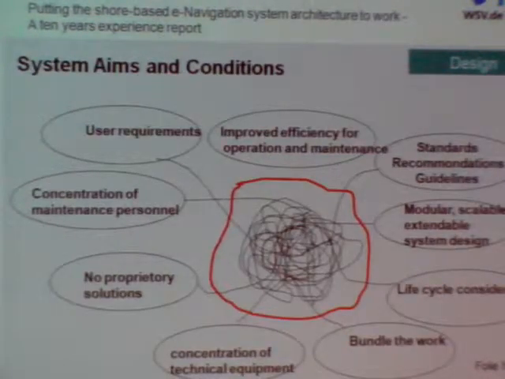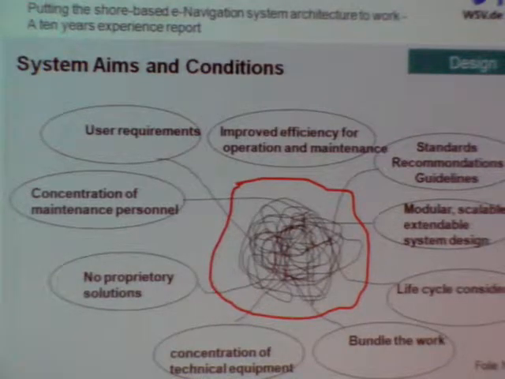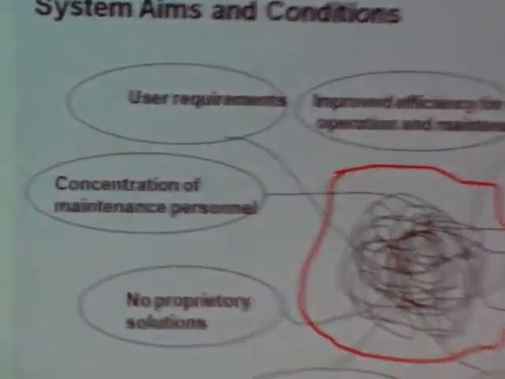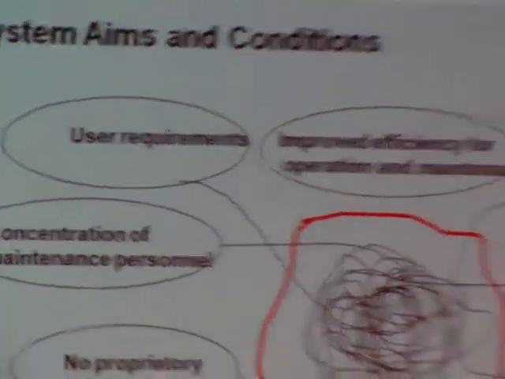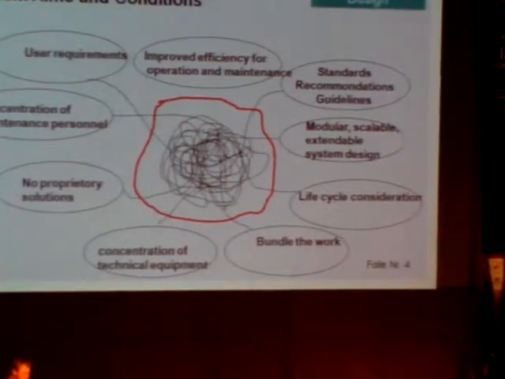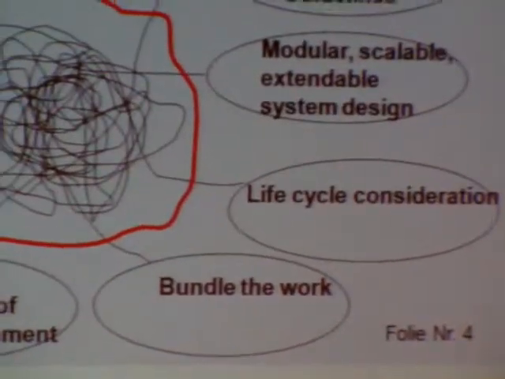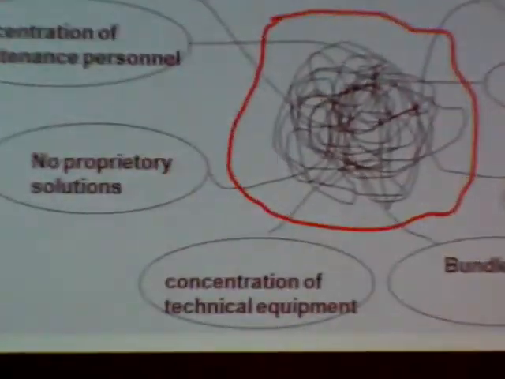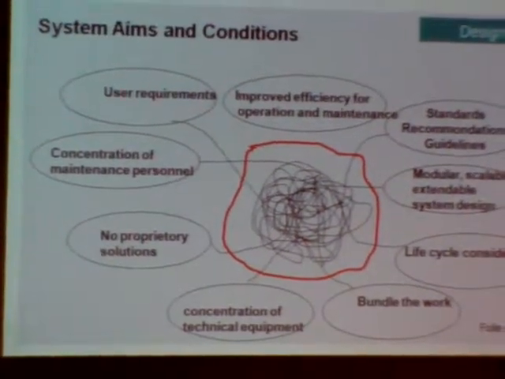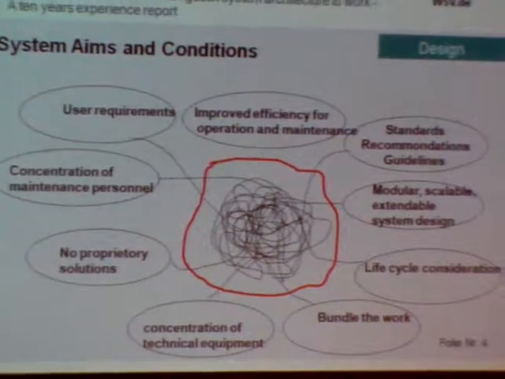So we pretty soon realized that we had some design rules following the user requirements. We want to concentrate on maintenance personnel to react to the reduction of the personnel.